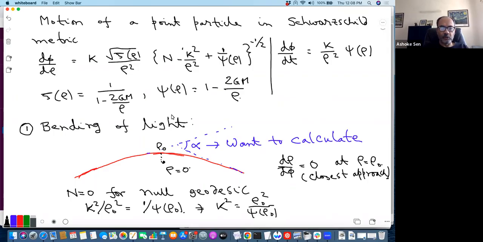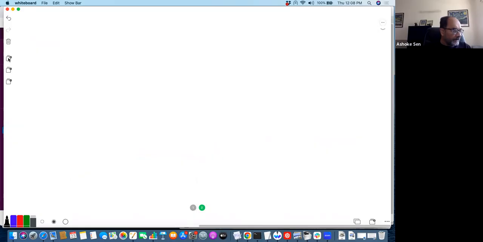Okay. So you are now going to rewrite this equation by substituting for n to be 0 and k square to be given by this. Is this clear? So let me write that equation. d phi will be given by k over rho square.